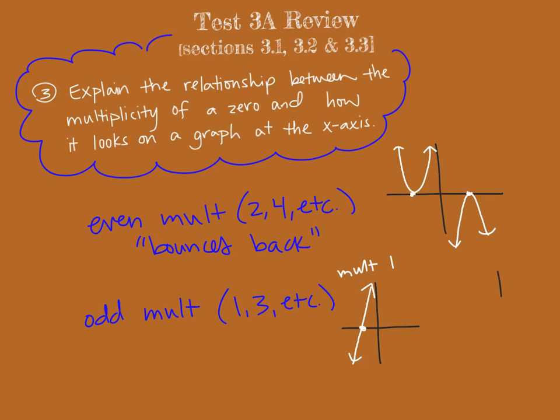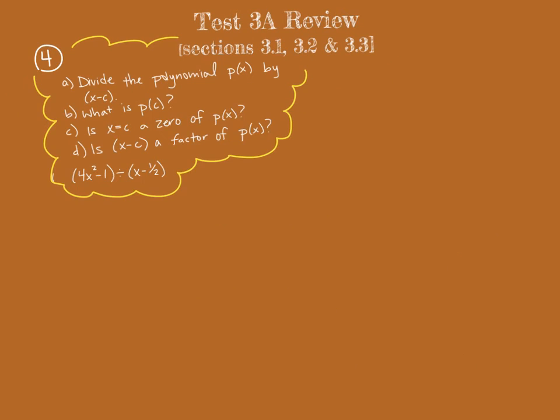And then a multiplicity of 3 also crosses the x-axis, but it does so in kind of a squiggly way, kind of like this. Looks like a cubic. So an odd multiplicity, they cross the x-axis. Whereas if a 0 has an even multiplicity, it hits the x-axis but bounces back. And lastly, multiplicity is how many times that 0 or root occurs.